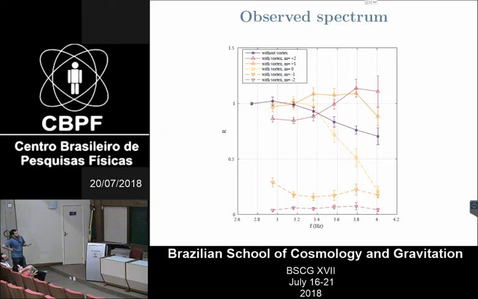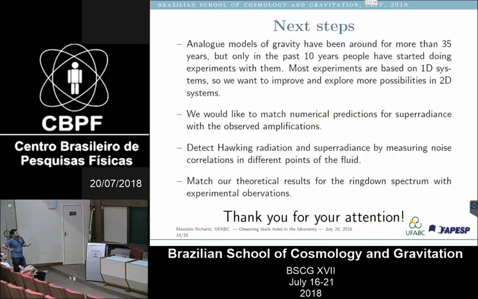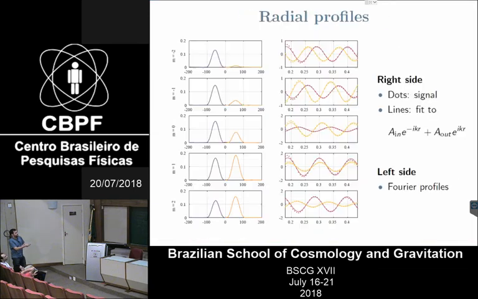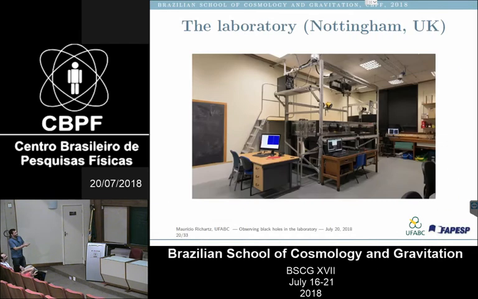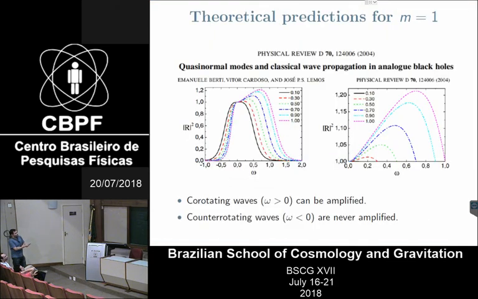So typically you only get superradiance for a certain range of frequencies, right? This curve here is this one. So they go up and then they go down again. So probably we're going down already.